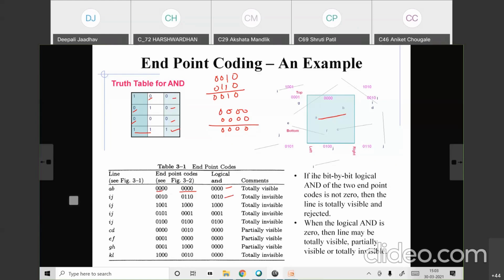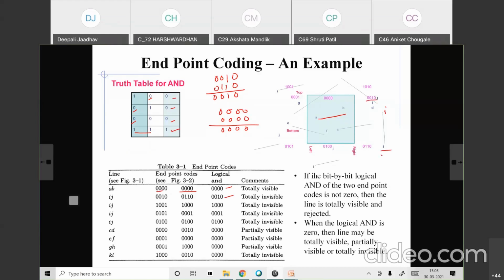So see where it is, line IJ. The line IJ with 0010 and 0110.